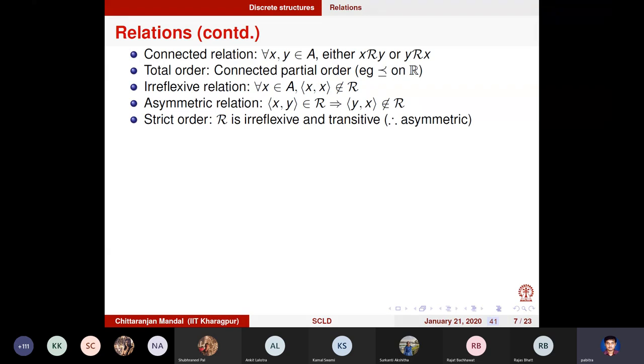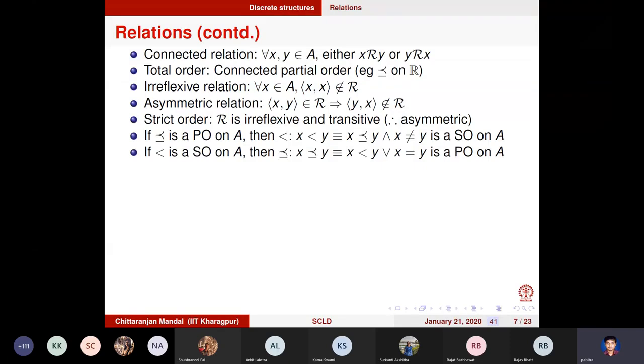We also mentioned that you can convert a strict order to a partial order and vice versa, by including or excluding the x equal to y condition in the definition of the less than or equal to relation. If you exclude the equal to, that means you include x not equal to y, then a partial order becomes a strict order.